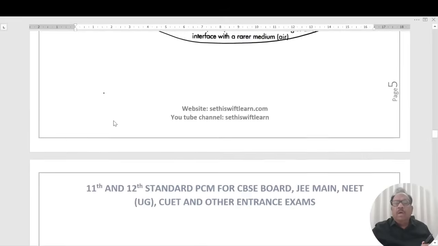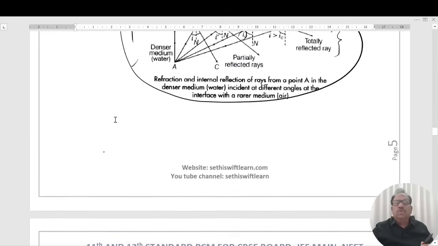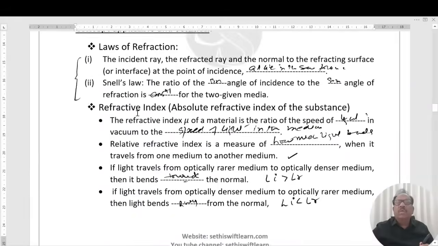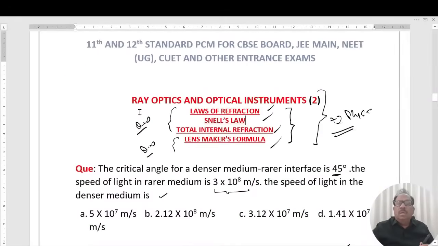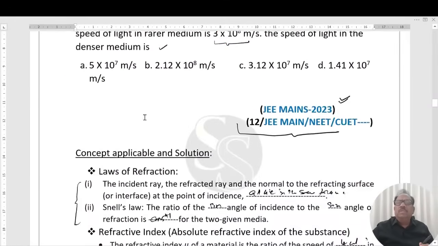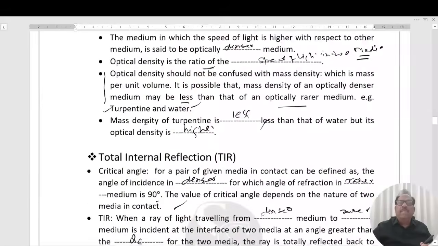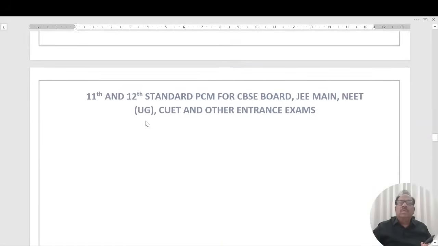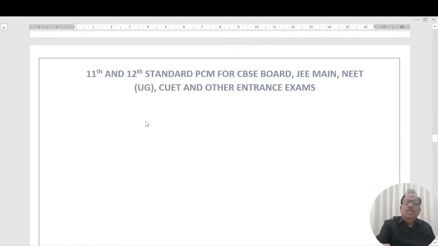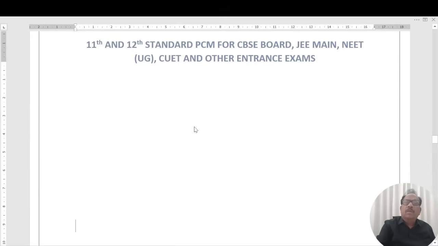Now, I will start the question. The critical angle of the denser medium ray, theta c, is given to you as 45 degrees.